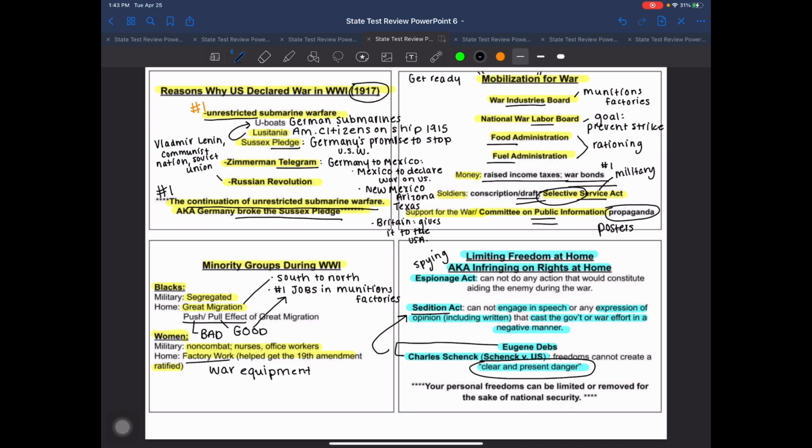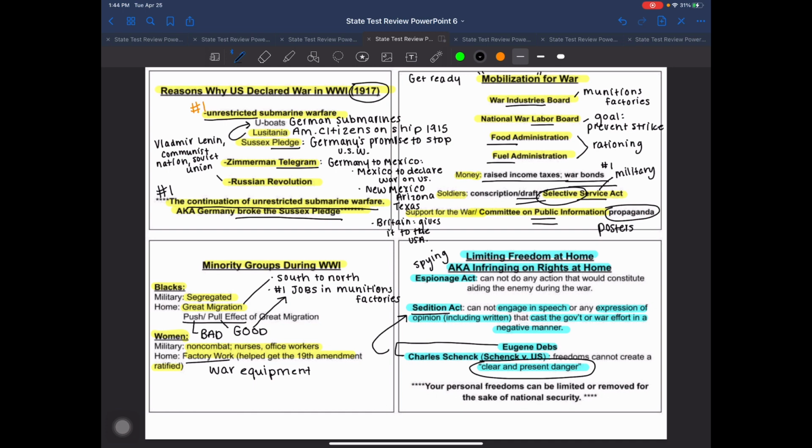So this is where they get Charles Schenck. And they said, no, we realize you've got this freedom, but you cannot use this if it creates a clear and present danger. And it does create a clear and present danger for this country if we lose this war because you're convincing men to not register for the draft. So he gets in trouble. His fight in the courts was to no avail.